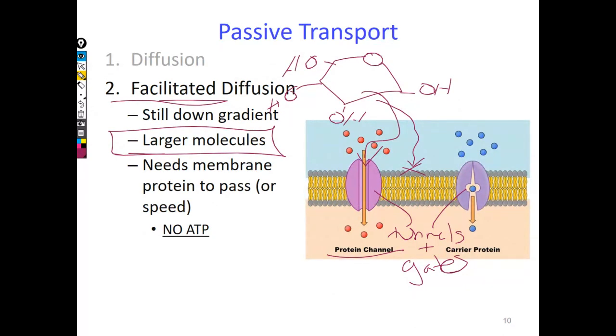Now, despite the fact that we're using some pretty fancy looking gear, remember that this is still passive transport. Okay, so this is still free. Remember, ATP is that currency form. So pretty much any time that we're moving from a high concentration to a low concentration, so we're still moving down gradient, it's still going to be free of charge.